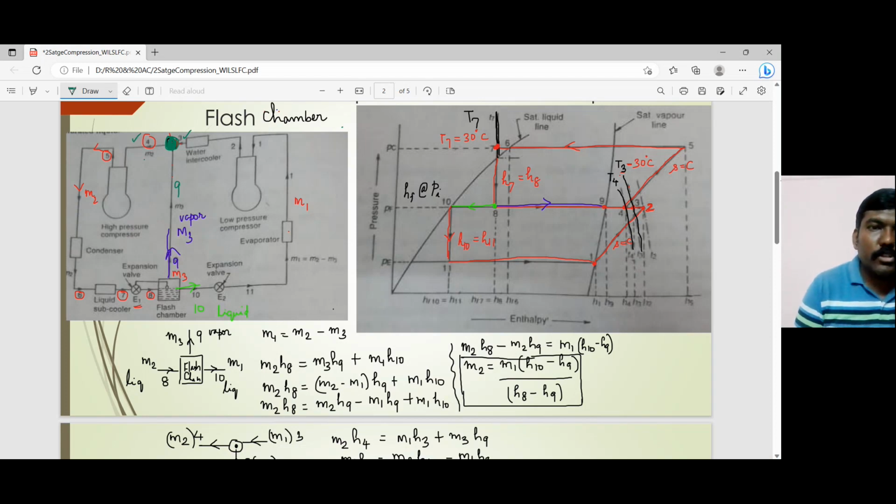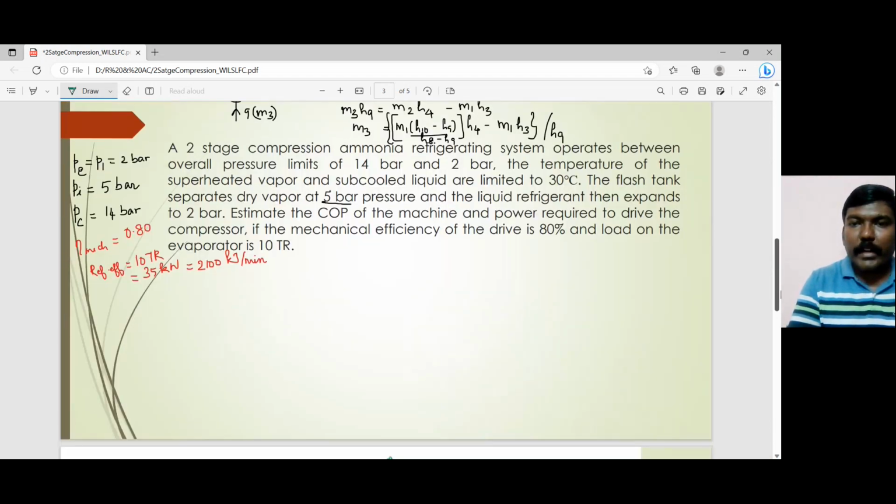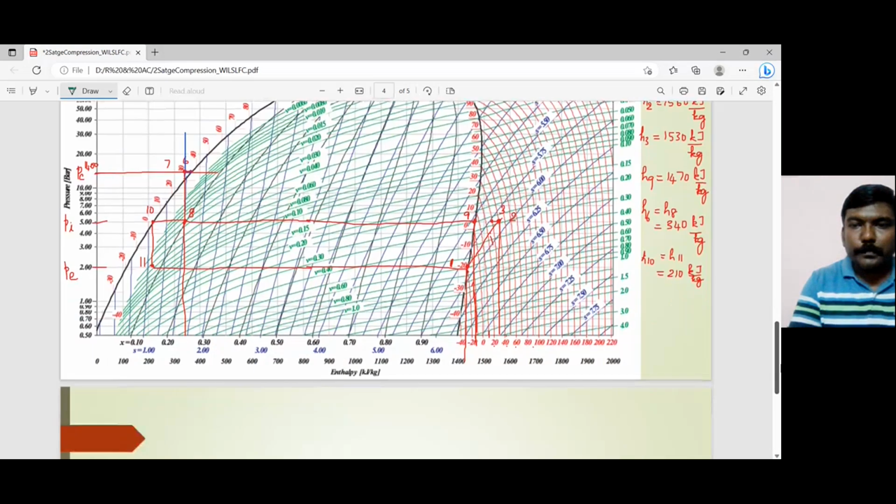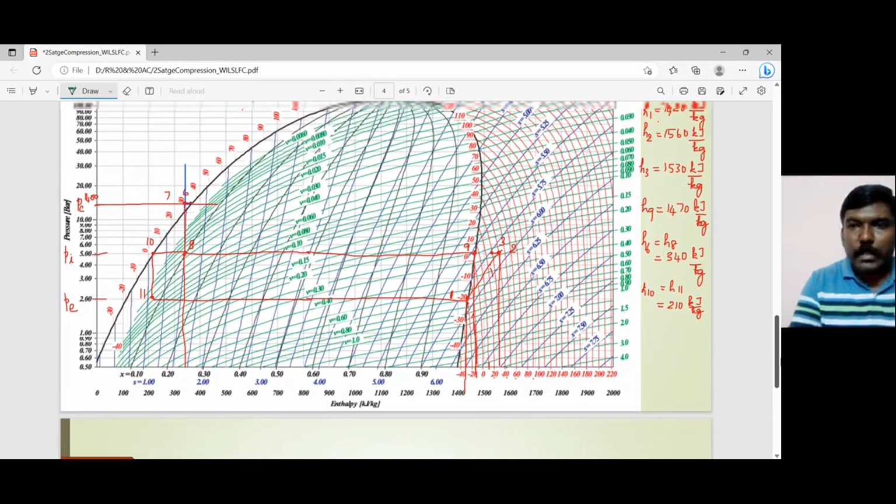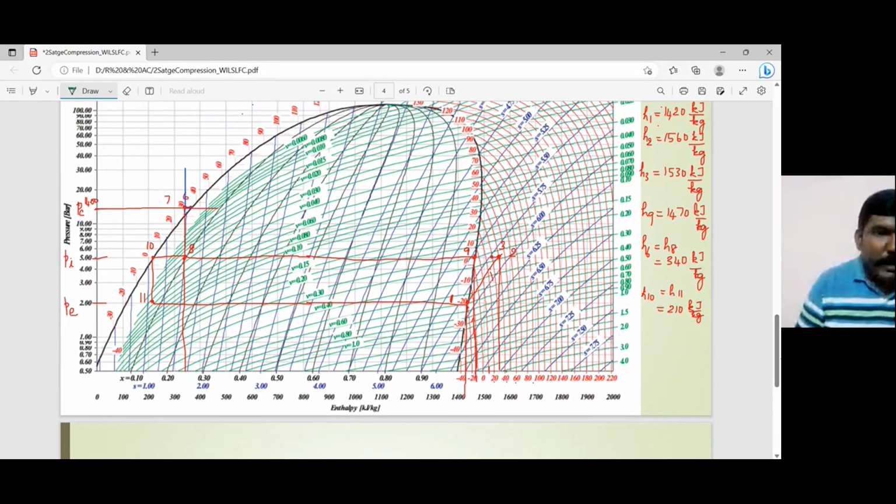So I have to take this junction. If you consider this junction, this is M1 times H3 plus M3 times H9 equal to M2 times H4. That's what we have written already, and that is what we are going to apply right now. Let me write it over here.